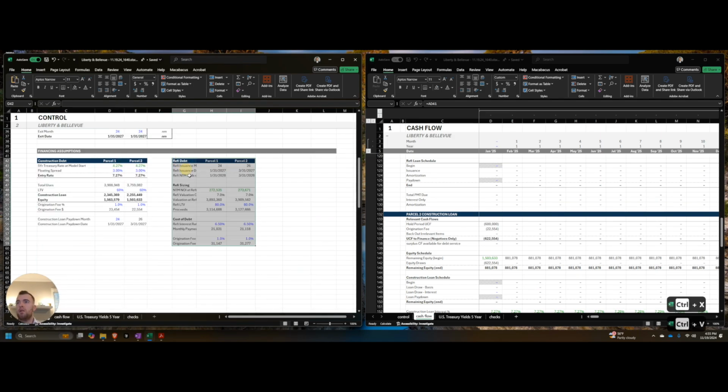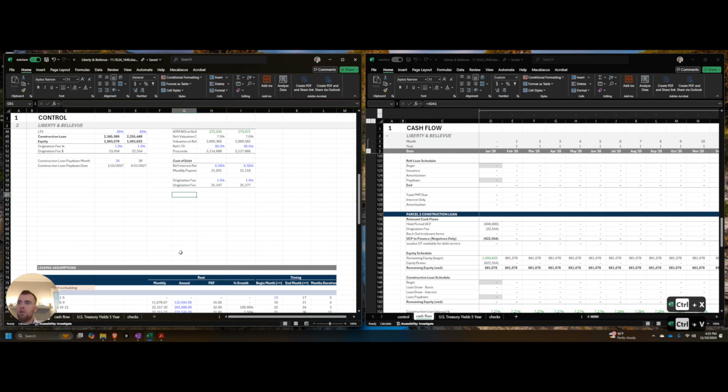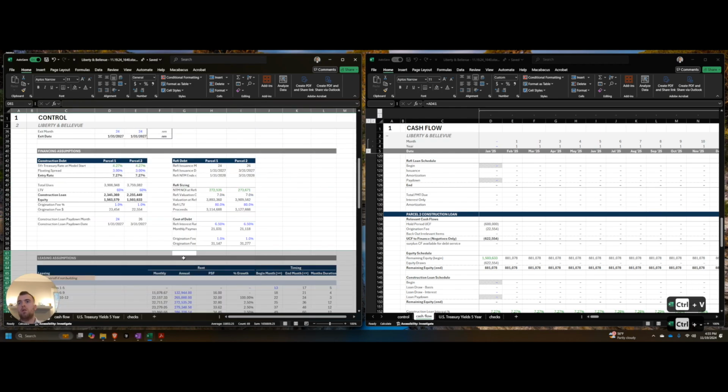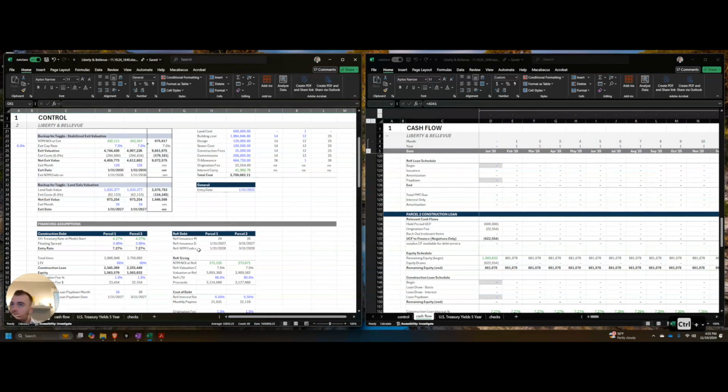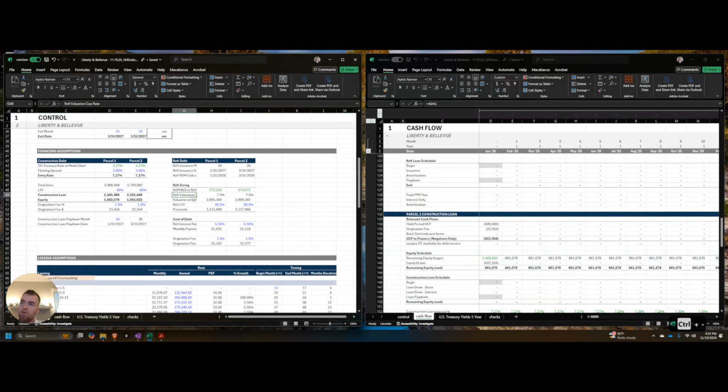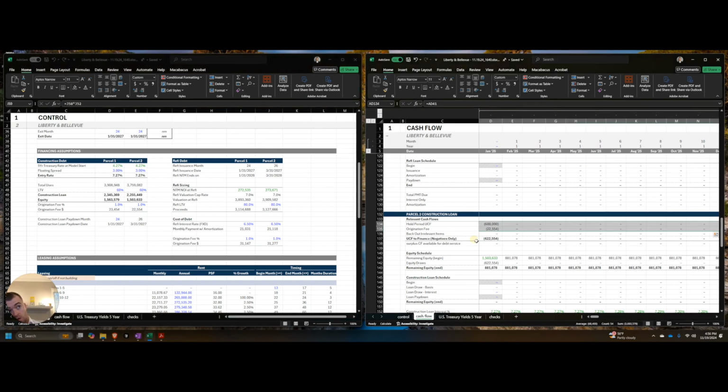Let me put this here. Get some space. So I'm just stripping myself out. So 3693, 579. Those are the only things outside of the interest reserve.